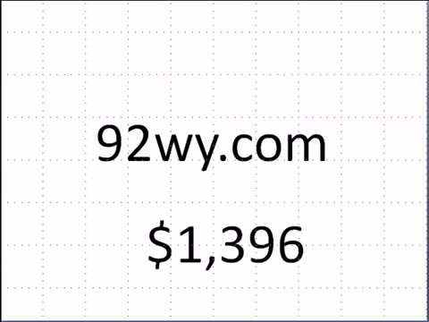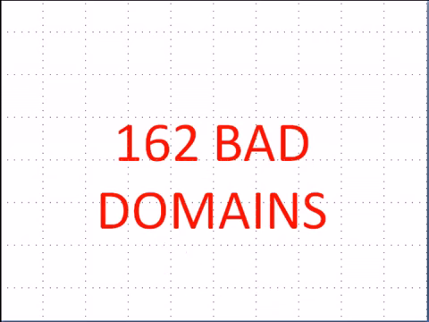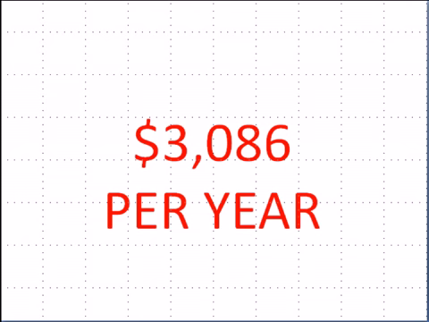We looked at it and we saw $1,396 going right out the window. And in total, we actually found 162 bad domains to add to our negative list. And that was resulting in us losing a grand total of $3,086 per year.